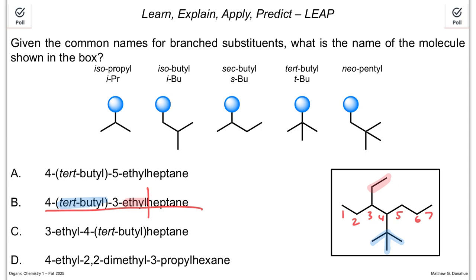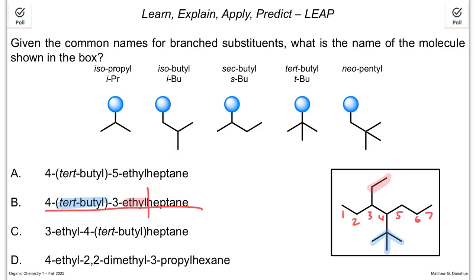So I guess what is wrong with choice A? Why is A not correct? So it numbers the chain going the other way. So if you take 4 plus 3, that's 7. When you do it the other way, you get 9.